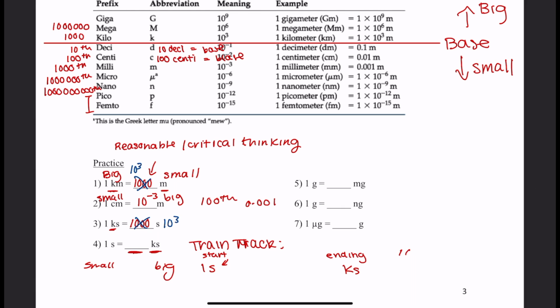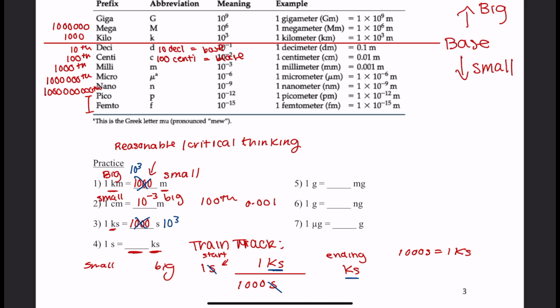Here, let's draw our train track, which is going to be a straight line. This acts like a fraction or division. So we're going to put 1,000 seconds on the bottom and 1 kilosecond on the top, because we want to cancel out the seconds and leave the kilosecond behind. So we get that as our answer, or our unit, right?